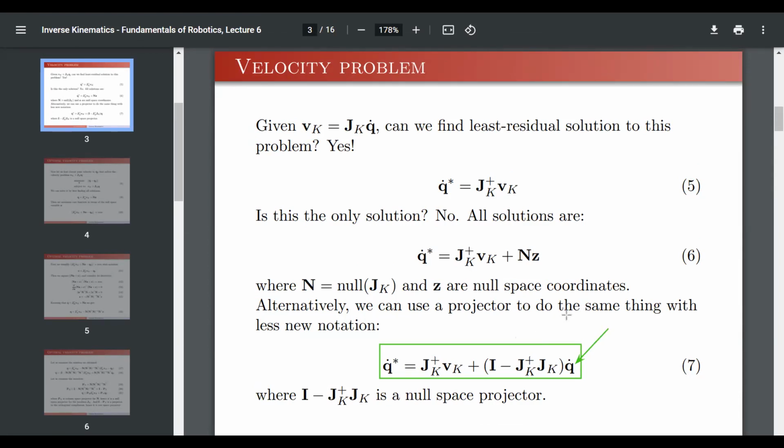But you can see here, we derived it very easily. We just said, okay, this particular solution, null space solution. That is all we did. It took us no effort whatsoever.